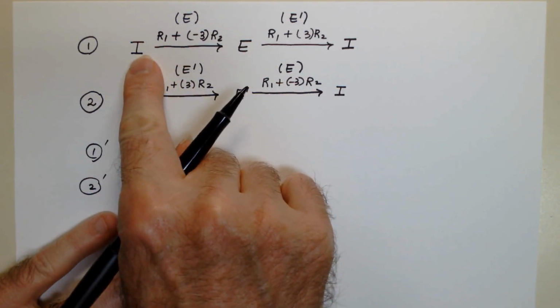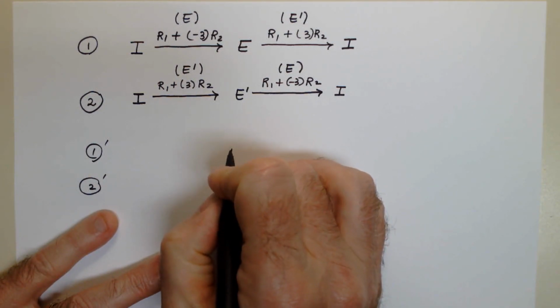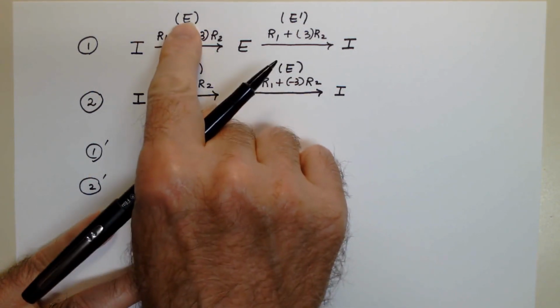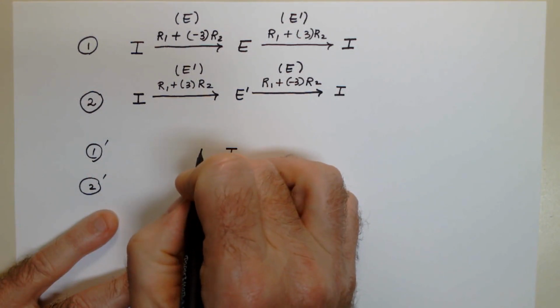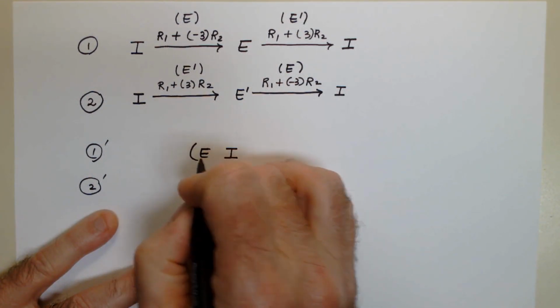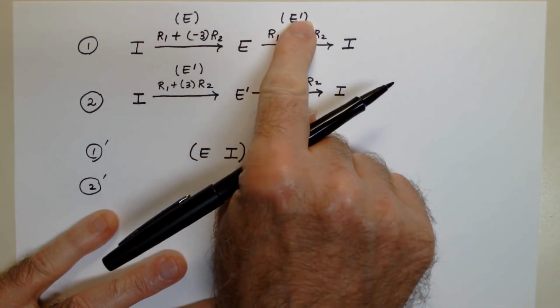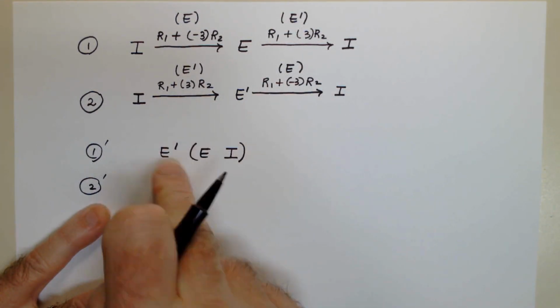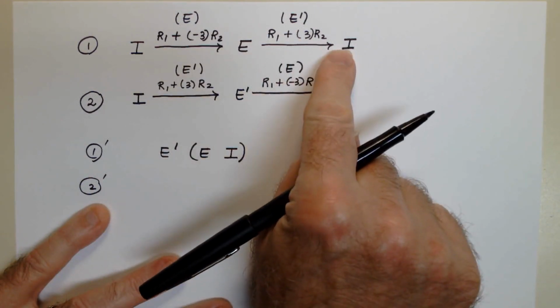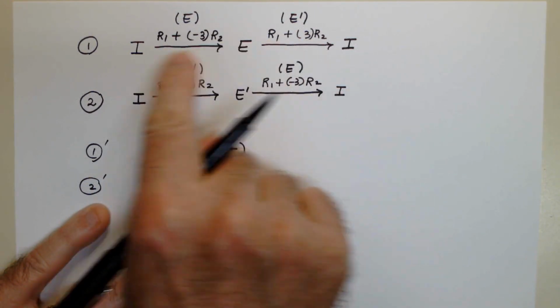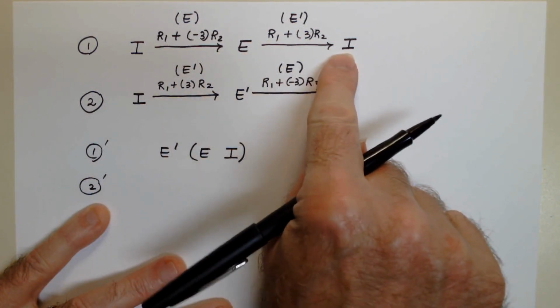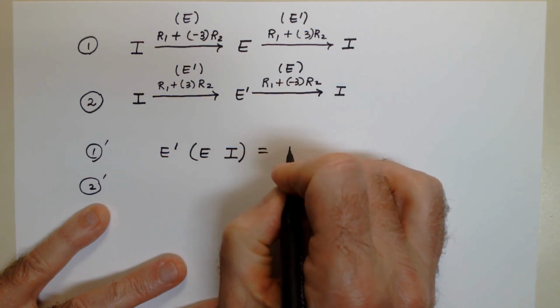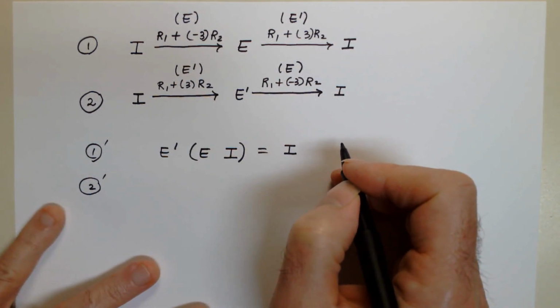So we're starting with I, then we're multiplying by E, and then we're multiplying that result by E prime. So I'm always multiplying on the left. And what our theorem tells us is that that's going to take us through this chain, from I to E to I. So I should end up at the identity matrix again.